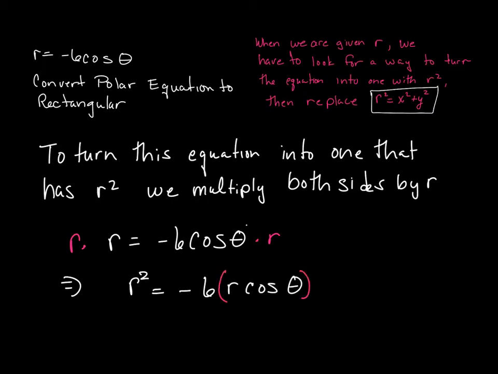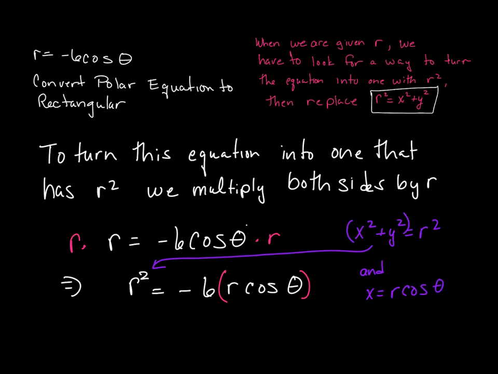I now replace what I know I have. I know that x squared plus y squared is equal to r squared. So wherever I have r squared, I'm going to rewrite that and only use x squared plus y squared. And then I also know that x is equal to r cosine of theta.